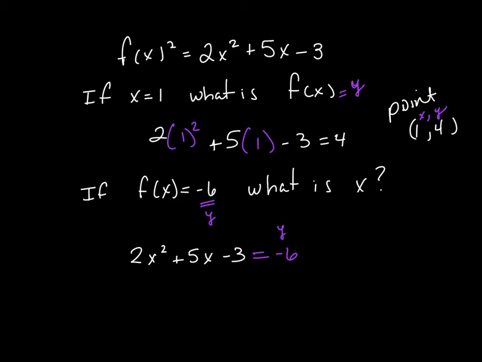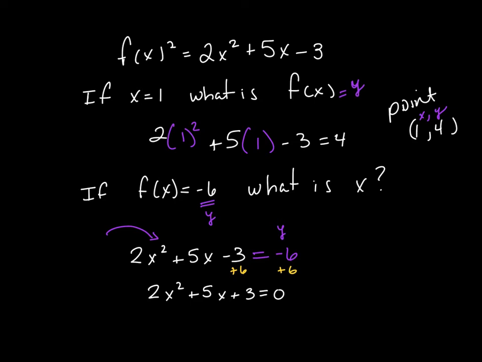What we have here is a quadratic equation. I know that's a quadratic equation because the highest exponent for my x is a 2. So what I have to do here is set everything equal to 0. I'm going to do that by adding 6 to both sides. Then I'm left with 2x squared plus 5x plus 3 is equal to 0.